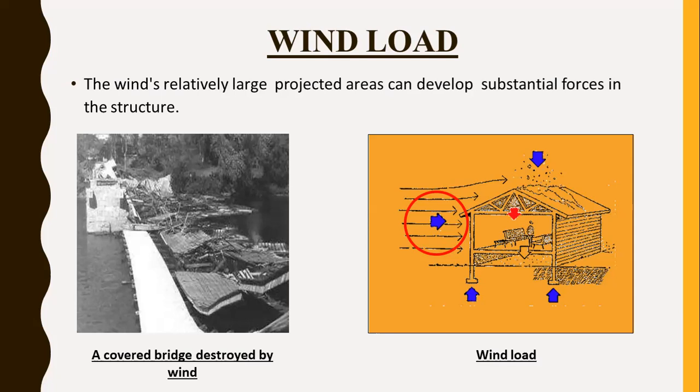So we are securing the future of the structure. Basically we consider wind load for that reason. If wind loads come in the future, our structure is protected because we considered it in the design, so damage does not happen, right?